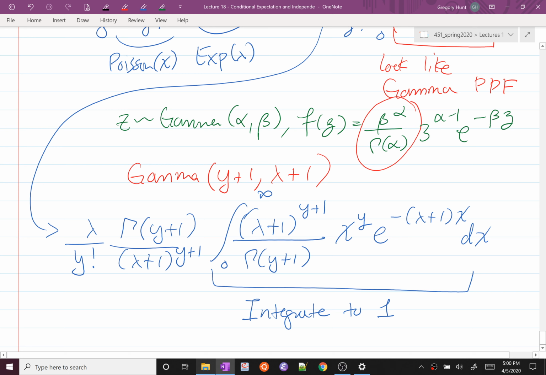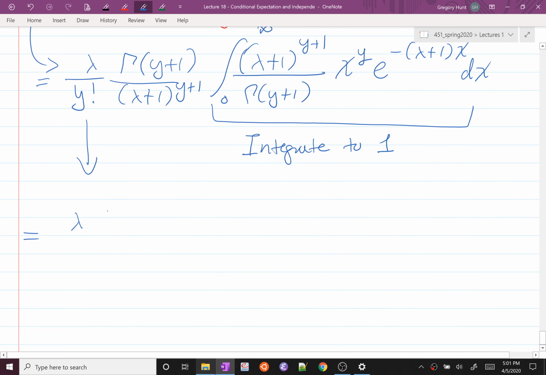Okay, so let's bring down: the integral goes to 1. What am I left with? Lambda, gamma of y plus 1. Y is an integer, right? So y given x is Poisson, so y better be an integer.